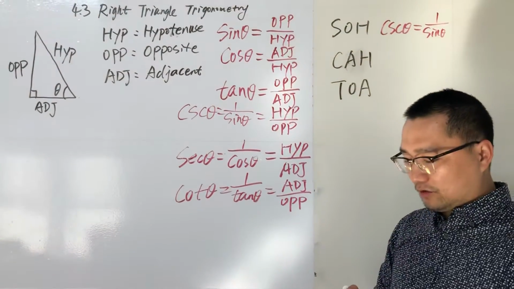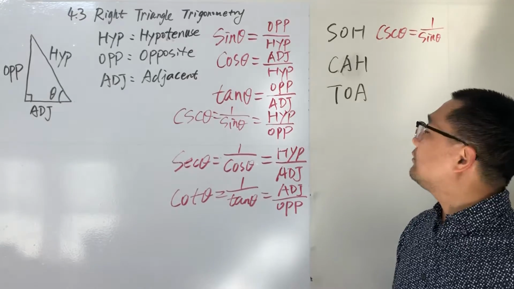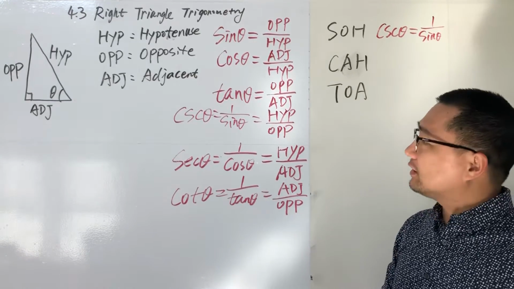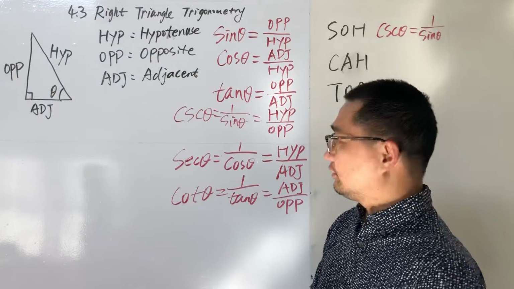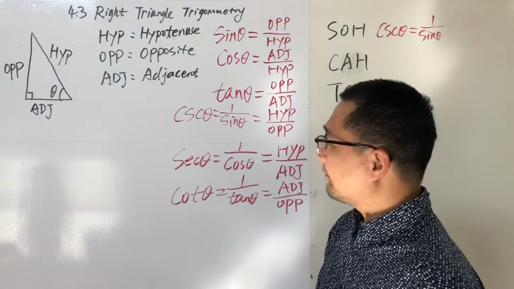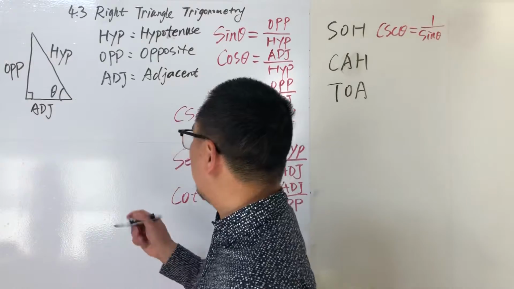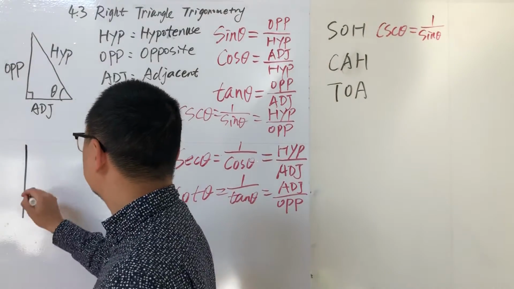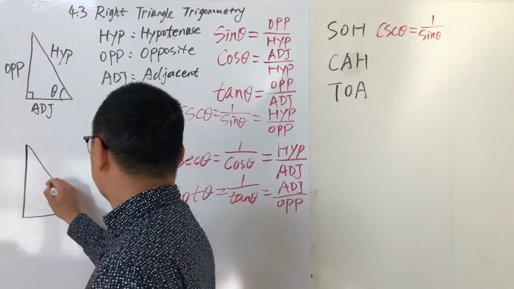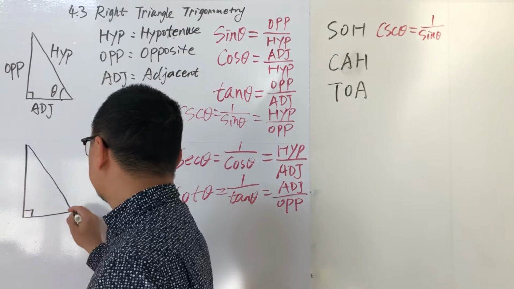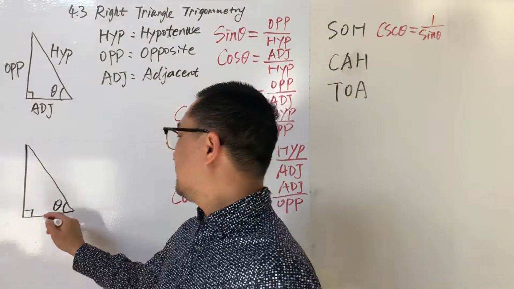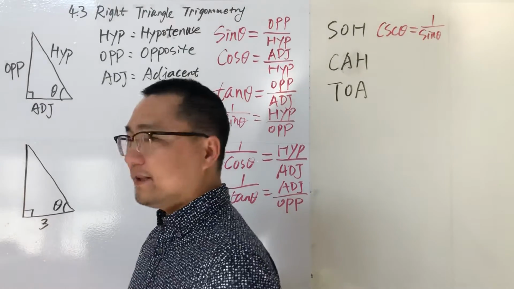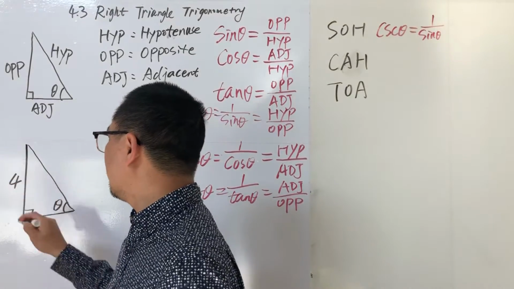Now, I want to use an example of how we can use the right triangle to evaluate a trig function. So now, if I have a right triangle here, and I say this is theta here. If I have 3 on this side, 4 is here.